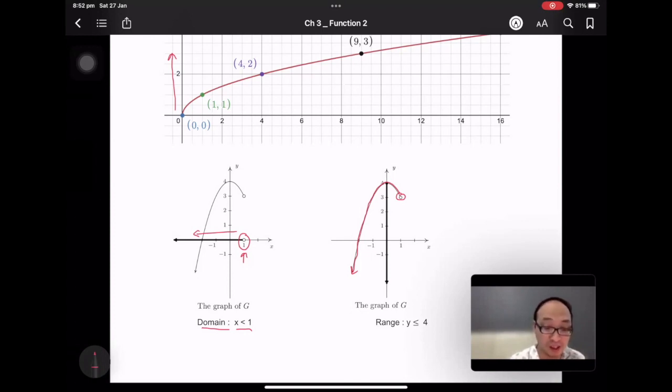So in the given domain, from 1 going to the left, the minimum range is negative infinity, and the maximum range is 4. And the 4 is inclusive here because it's a filled dot. So the range will be from negative infinity until 4 inclusive. So I can write y is smaller than or equals to 4.